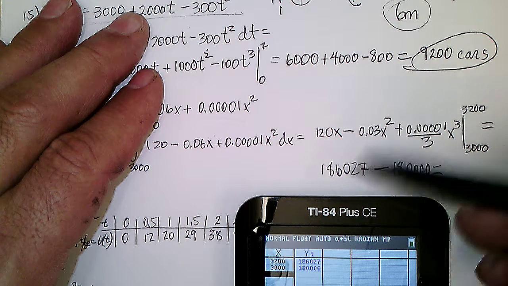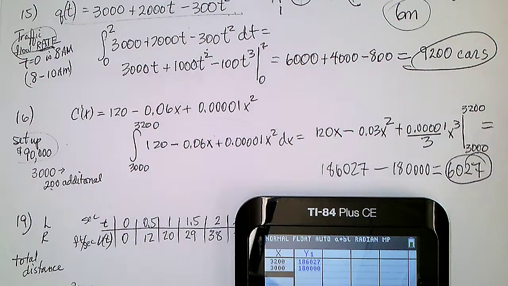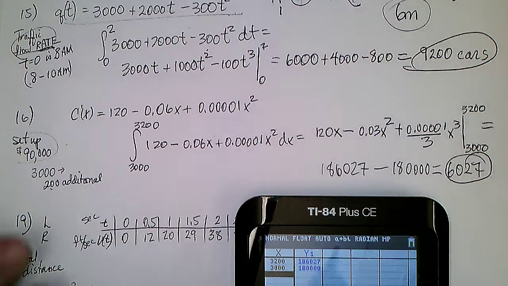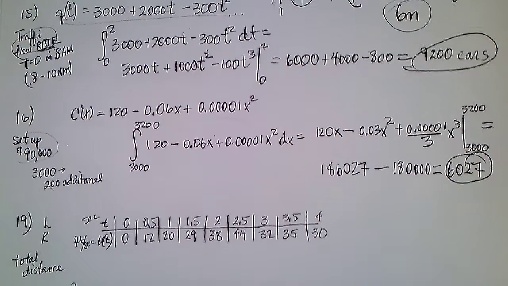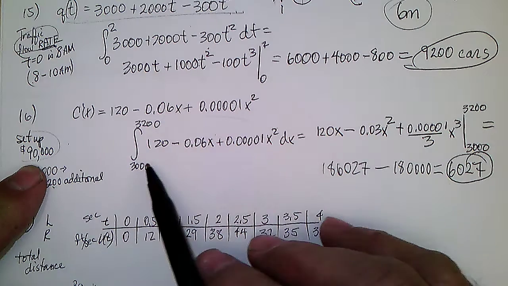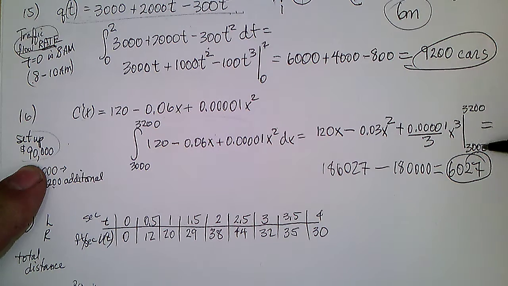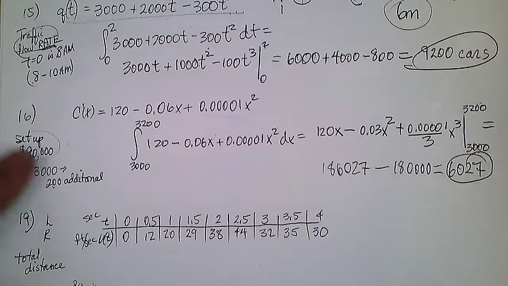So that comes out to be 6,027 additional cost. And the setup doesn't come into play here because this is the change in the total cost from 3,000 to 3,200. That's what the area would represent.